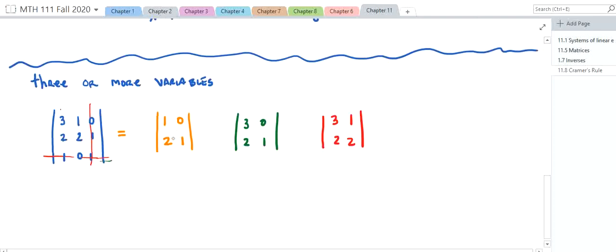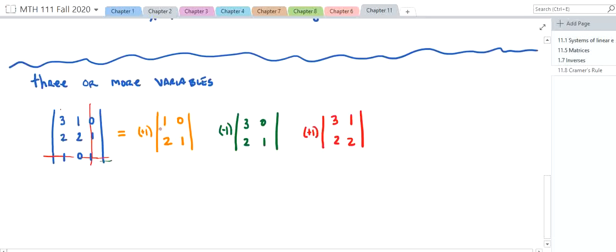Okay, now I'm going to take this first one and I'm going to multiply it by positive 1. The second one I'm going to multiply by negative 1, and this third one I'm going to multiply by positive 1 again.